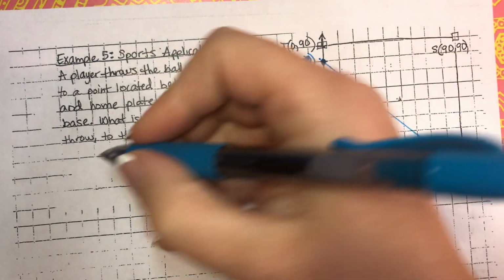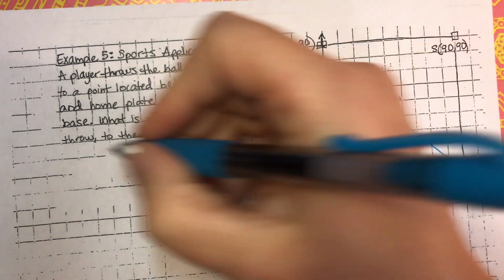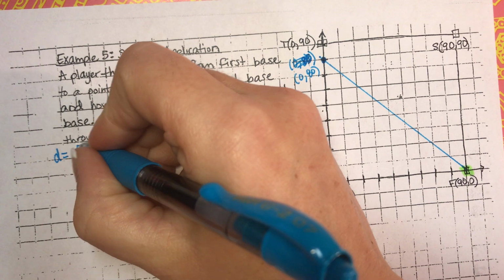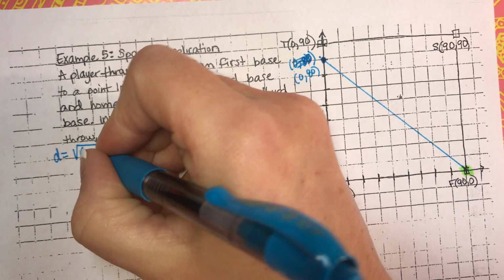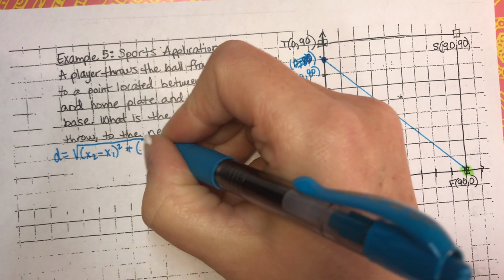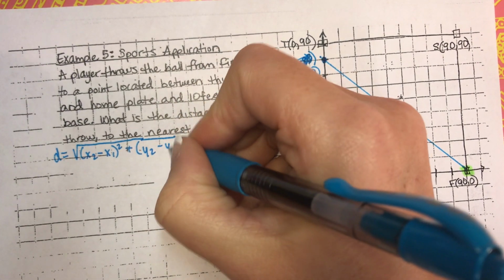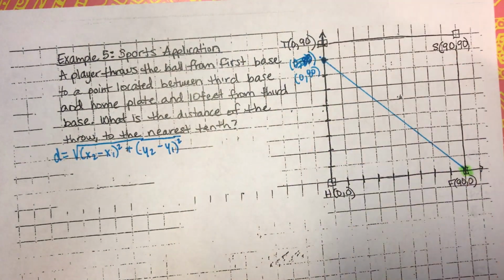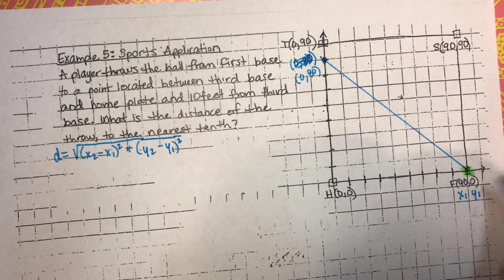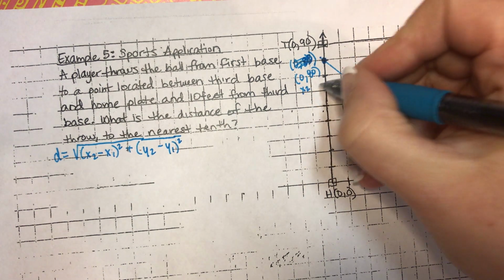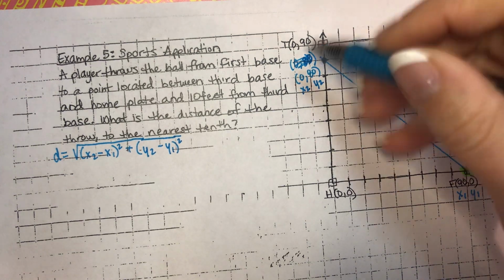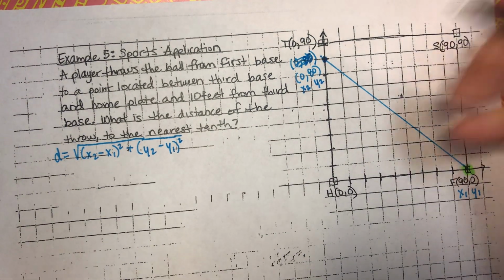The distance formula is the square root of the difference of the x values, x2 minus x1 squared, plus the difference of the y values, y2 minus y1 squared. I'm going to call this my x1, y1, and this is going to be my x2, y2.